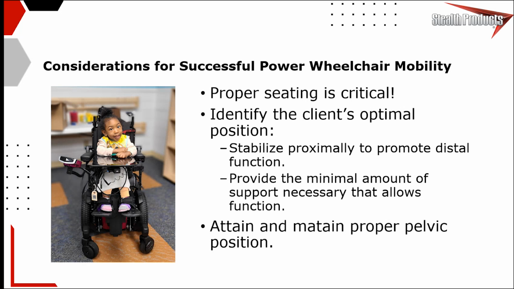We can absolutely overcorrect and eliminate that client's function by trying too hard to correct a thing, right? Sometimes we might try to control some compensatory strategies, and that extra control might eliminate their ability to use that drive control. So we have to be careful to not go overboard.